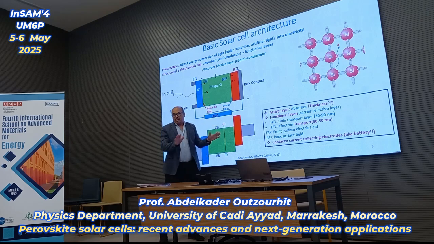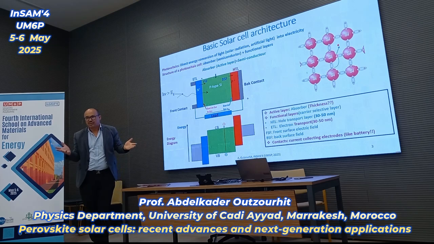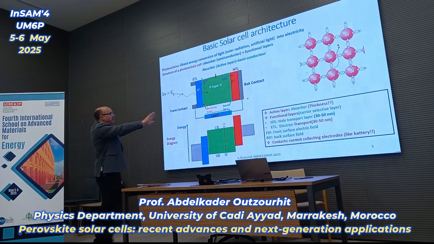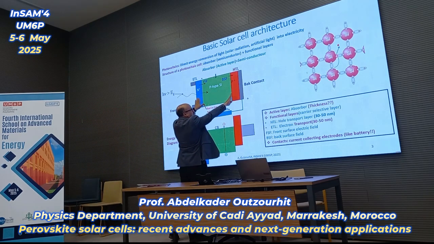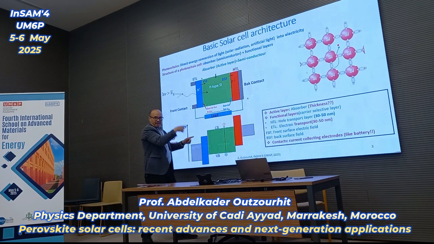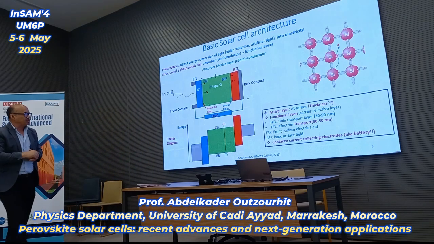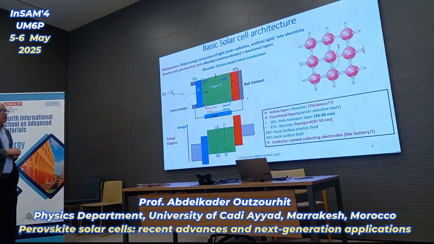If you mix electrons and holes, you don't get a potential difference. But if you manage to separate electrons on one side and holes on the other, you'll have a potential difference at open circuit, and then if you put a load, you can drive current. So this is the basic structure of the solar cell.